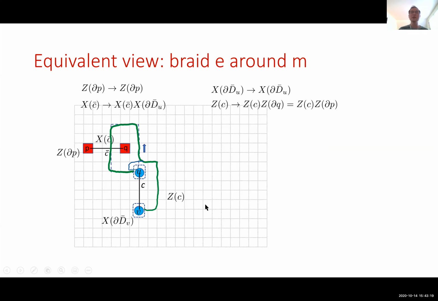This means that logical Z in the beginning is like that, and after the braiding I get back the Z logical operator, but in addition I have an extra loop around these defects, which gives me a logical Z operator on the primal qubit. Does that make sense?